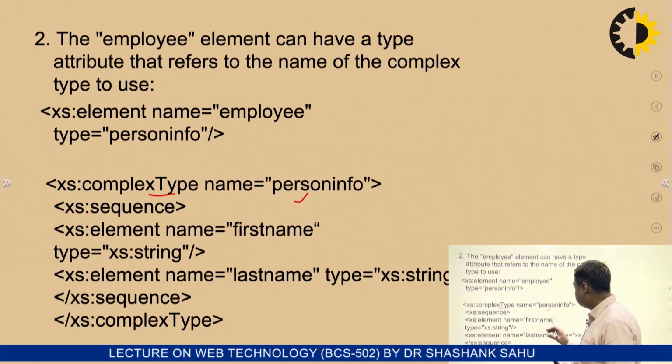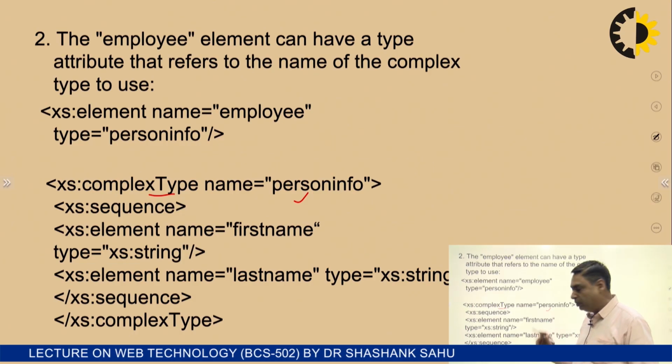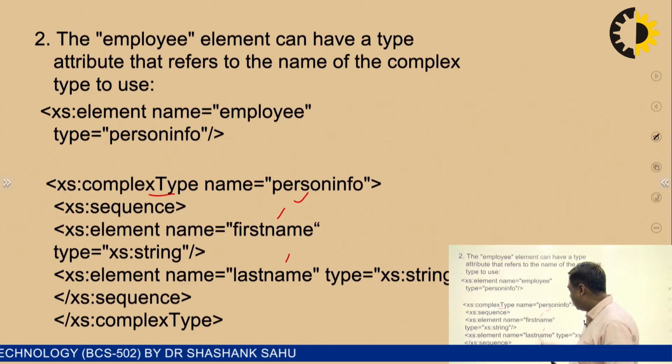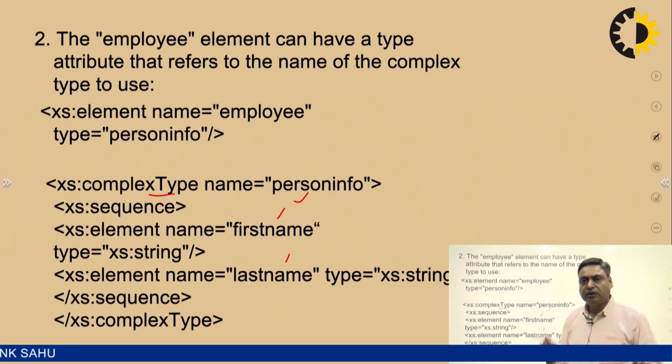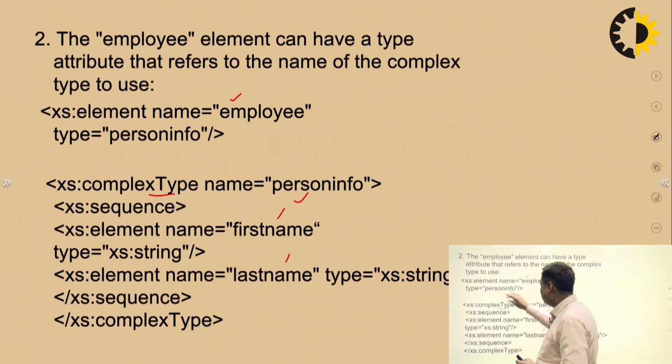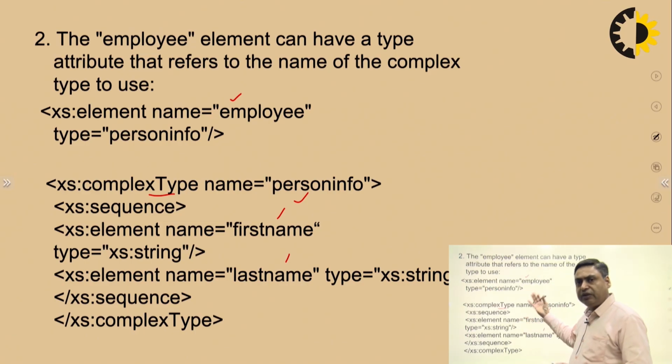In this complex type, we have defined two elements, first name and last name. Now, this user defined type is already prepared. I want to put the first name and last name within my employee element. So, we define the element name, no need to go into detail. This is needed in many places.